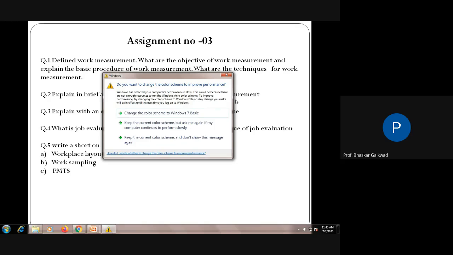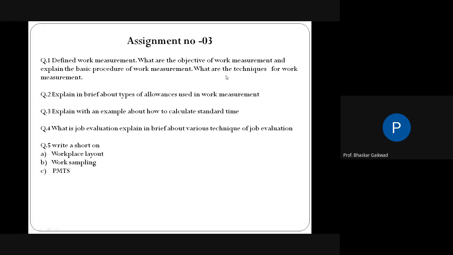So everything has a logic. If the calculation is not there, then there is a problem: how much rupees are going to be paid to whom, like this. So here you have to explain in brief the calculation of the standard time for a group.